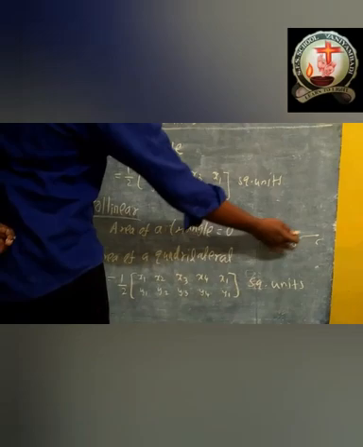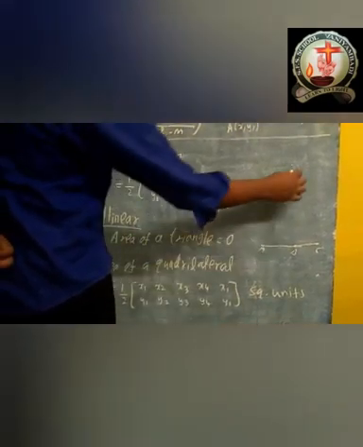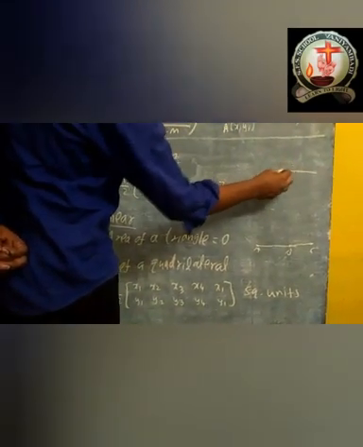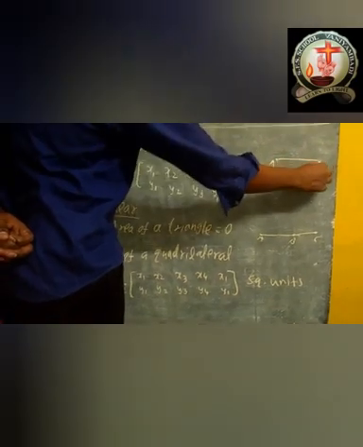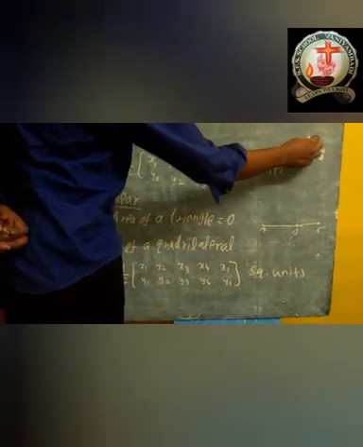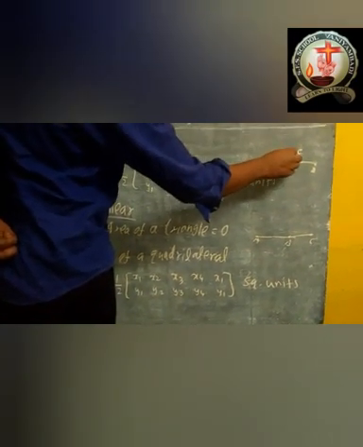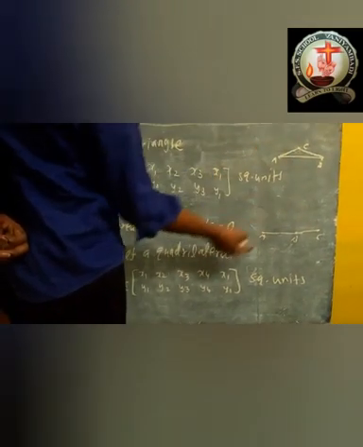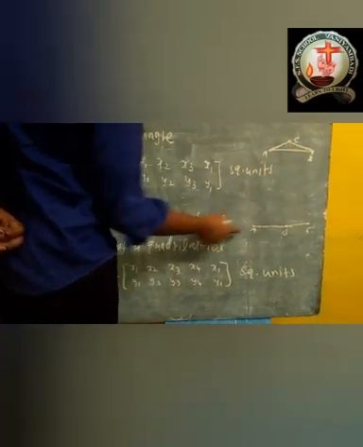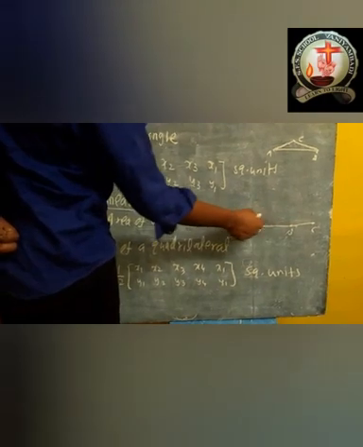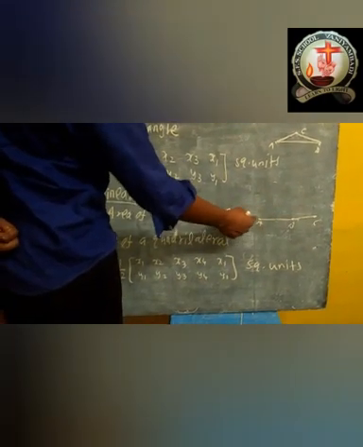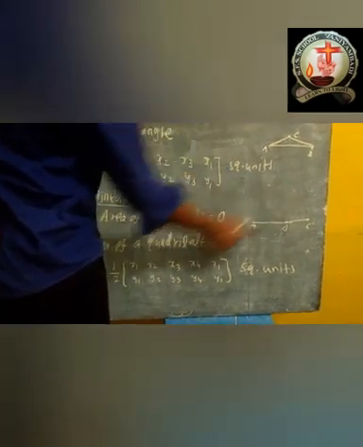Here we can't make any triangle. In case you get A point here, B point here and C point here, we can make one triangle. Look, we can make a triangle. But here all the 3 points are in the same straight line, so we cannot make a triangle. That is why we are saying this is collinear.